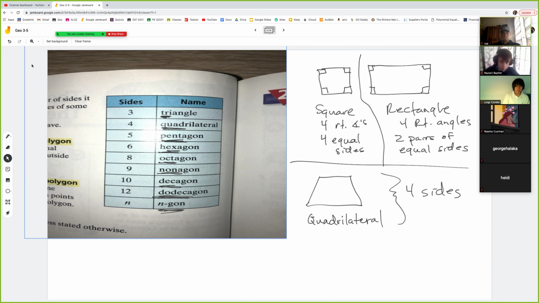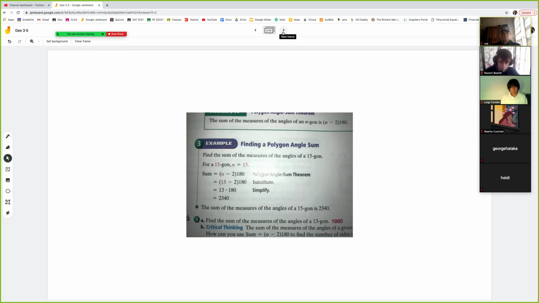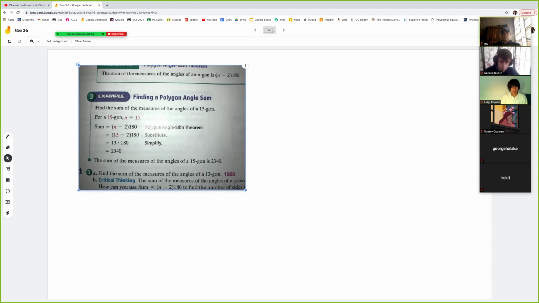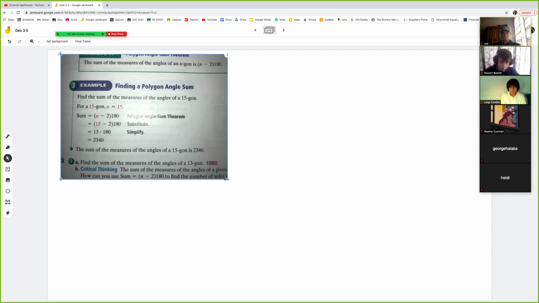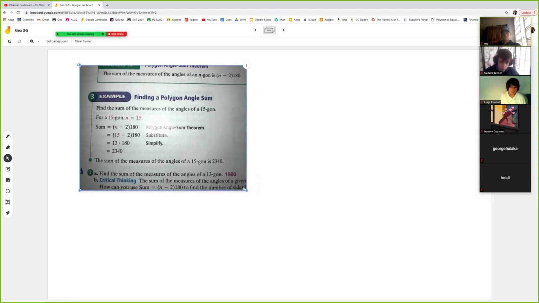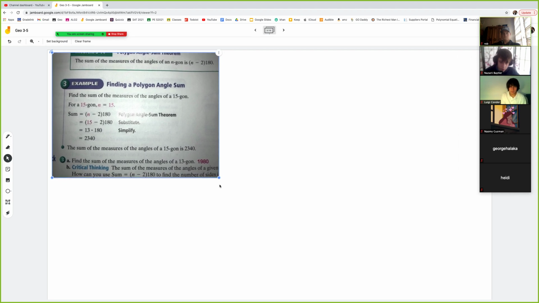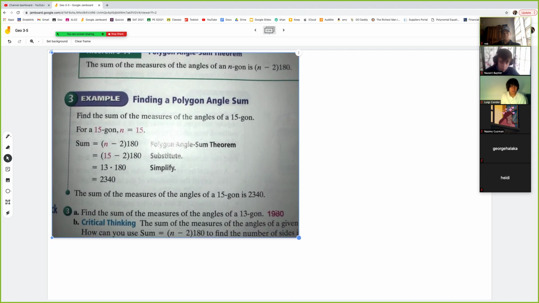All right? Now, continuing on. Finding a polygon's angle sum. All right? So you can see the polygon angle sum theorem right there. The sum of the measure of the angles of an n-gon is n minus 2 times 180. Okay, what does this mean?